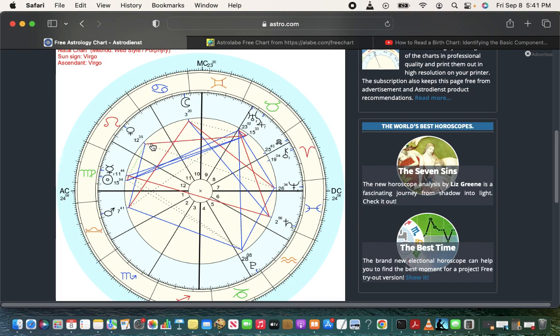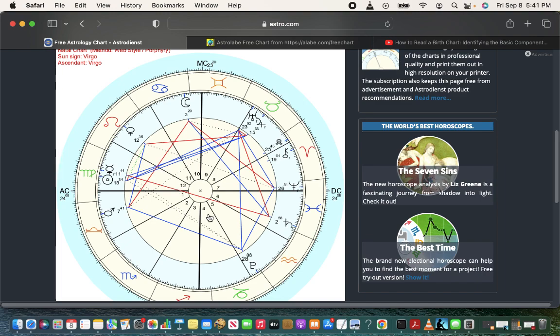And that would be a 90 degree angle. So the red lines are known as squares and oppositions, and the blue lines are known as sextiles and trines. And those lines are implying easy aspects, trines and sextiles, versus difficult aspects, squares and oppositions.